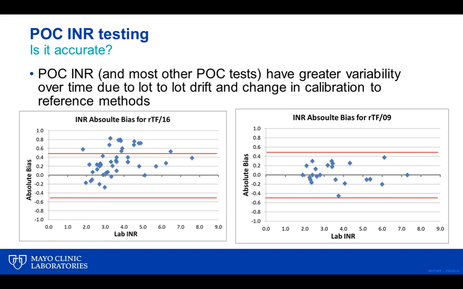When Roche fixed the recall, on the right, we were back to our steady state with point-of-care INR matching within half an INR unit on all the samples we analyzed after the recalibration. So again, there's some risk to point-of-care INR that over time the device's calibration will drift. Certainly you can have that with lab methods too. It's just more commonly observed with all point-of-care methods compared to lab methods.